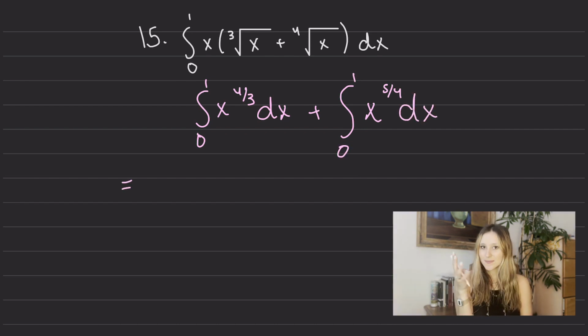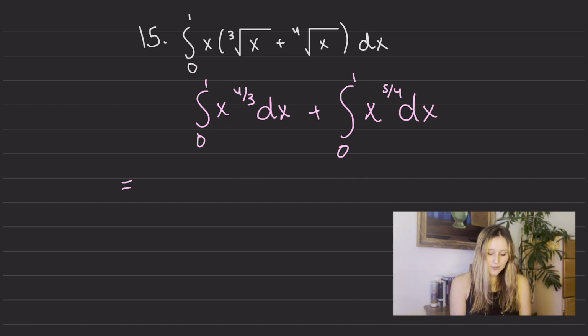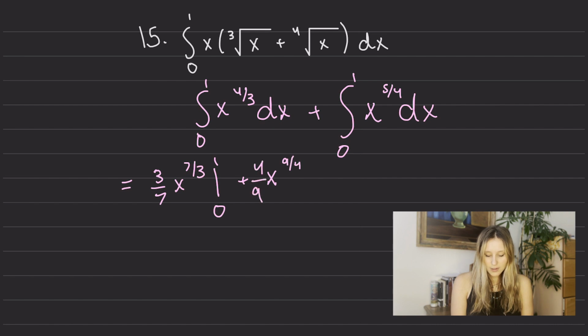We know how to do this by our classic integral algebra equation formula. So we're going to get 3/7 x to the 7/3 evaluated at 1 and 0, plus x to the 9/4 times 4/9 evaluated at 1 and 0.